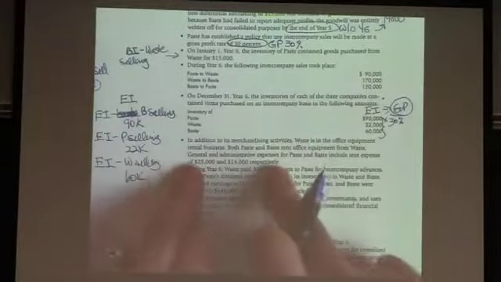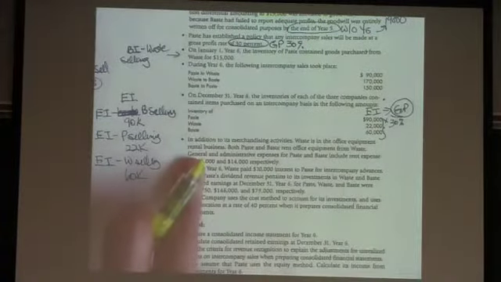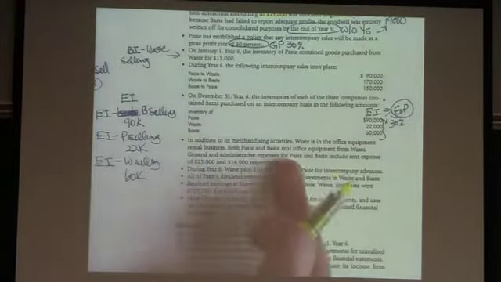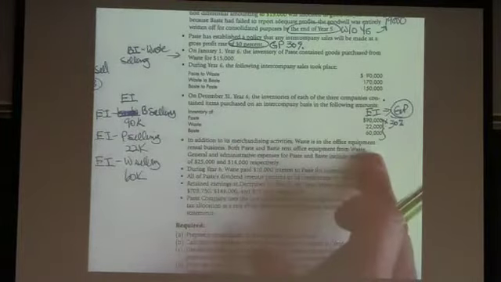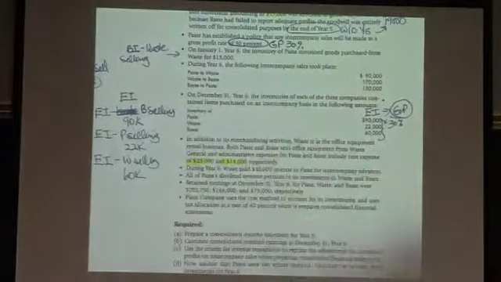Now, it says in addition to its merchandising activities, W is in the office equipment rental business. Okay? And it says that both P and B rent office equipment from W. And the general and admin expense of P and B includes rent of 25 and 14.